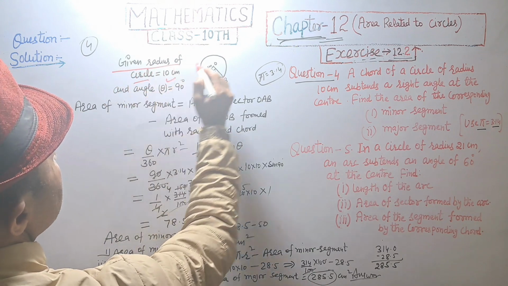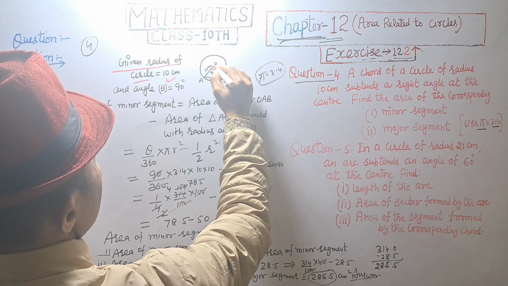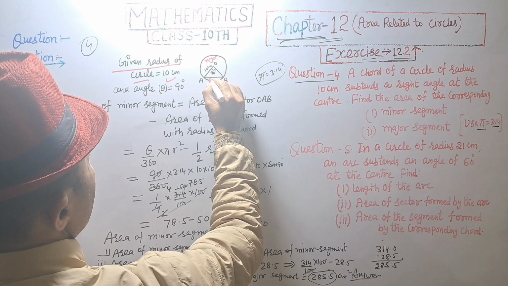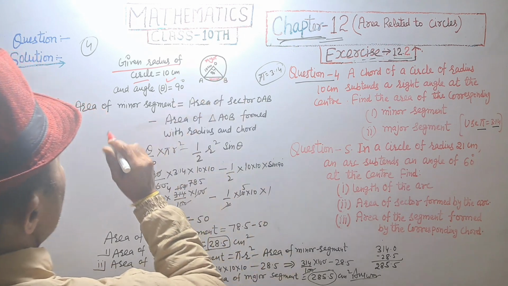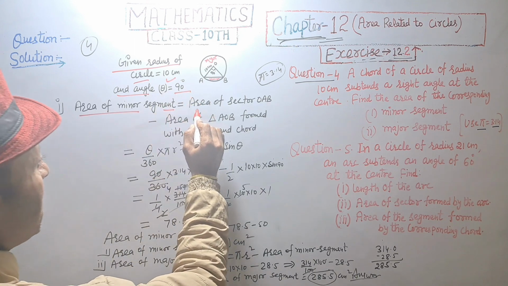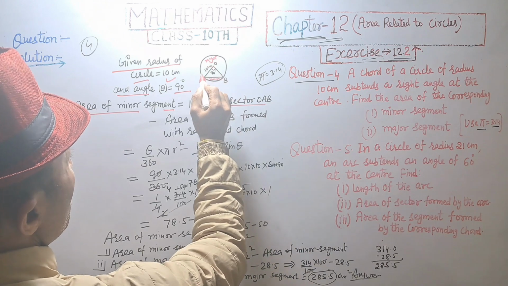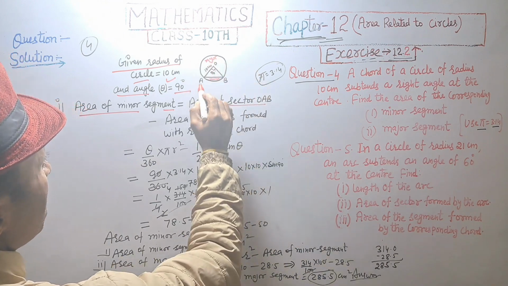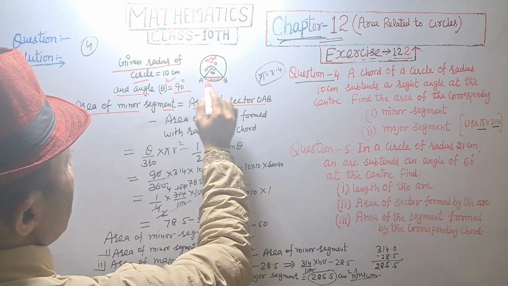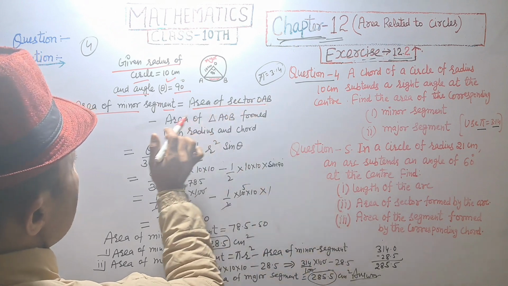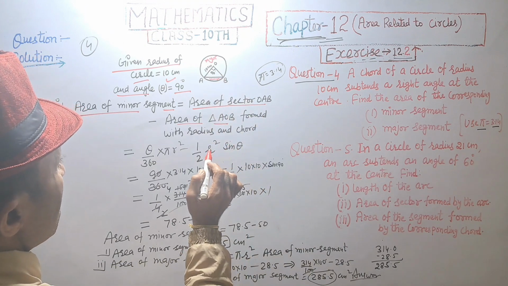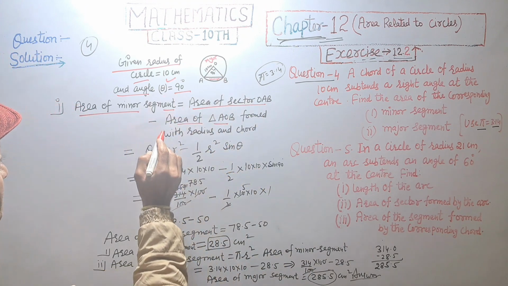Given radius of circle is 10 centimeter, with its major and its minor segment. Angle given is equal to 90 degree. Area of minor segment is equal to area of sector OAB minus area of triangle AOB formed with radius and chord.